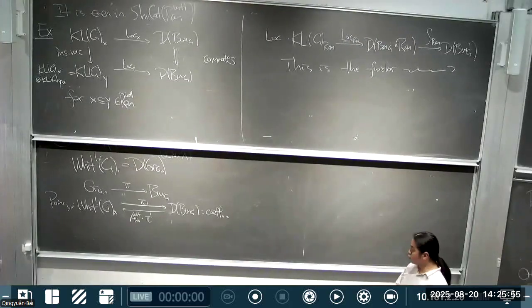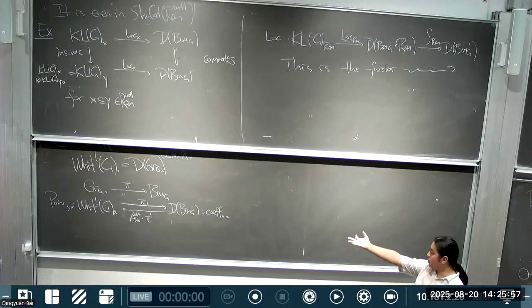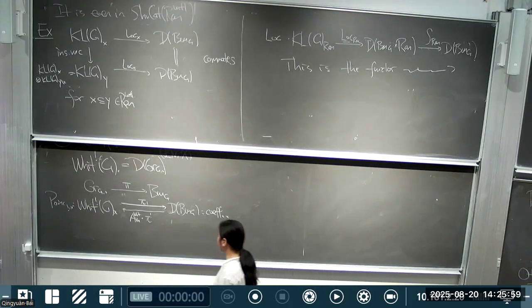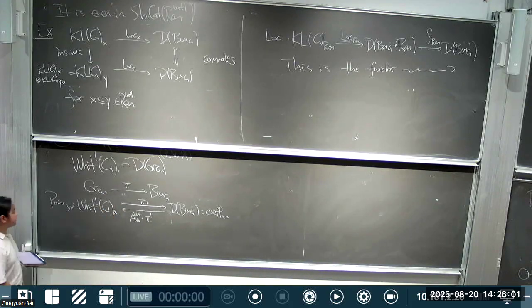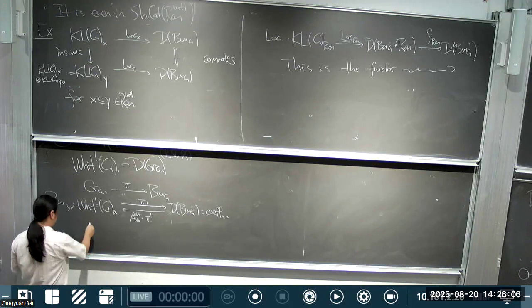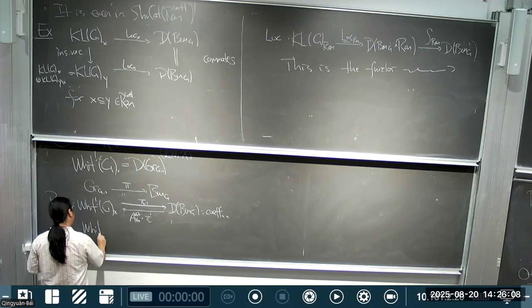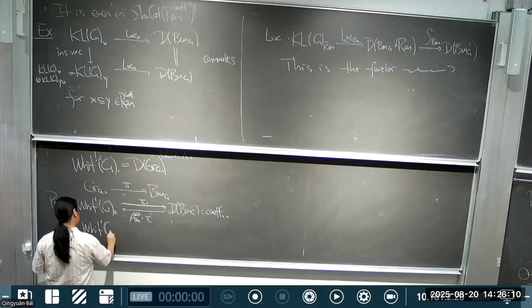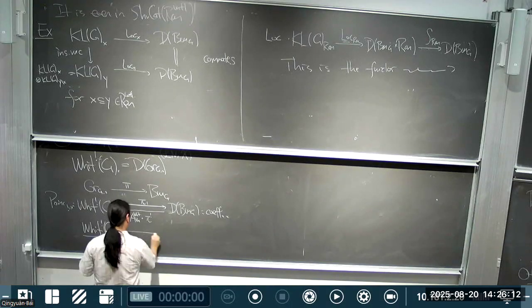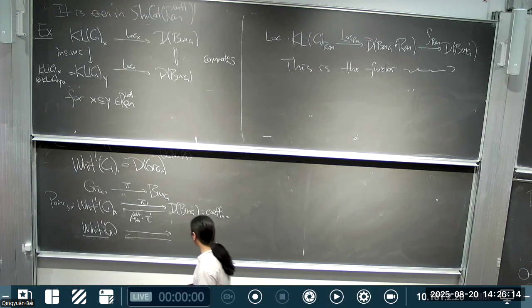Okay, so let's come back to this. You can imagine these things are compatible. These things can be assembled together to obtain a functor between sheaves of categories on the line. So according to my notation, I will denote this adjunction like this.